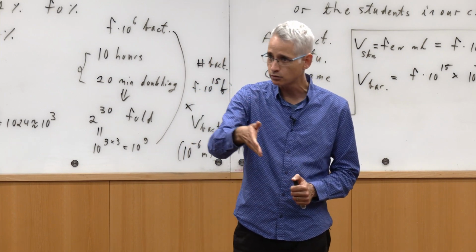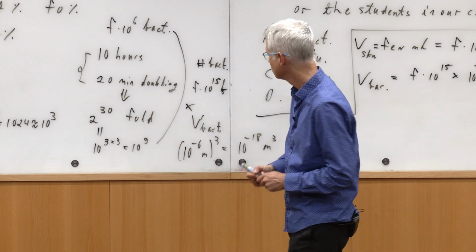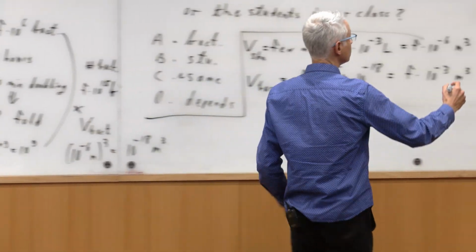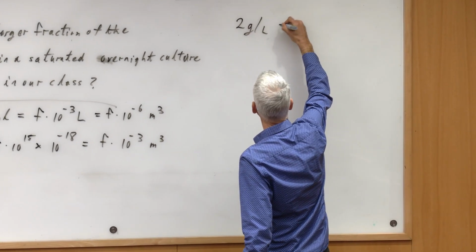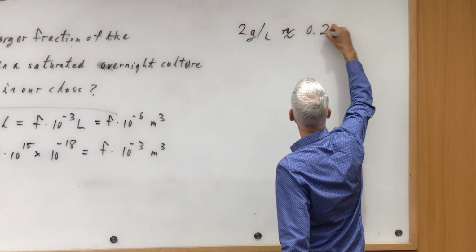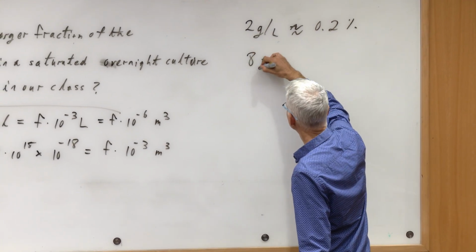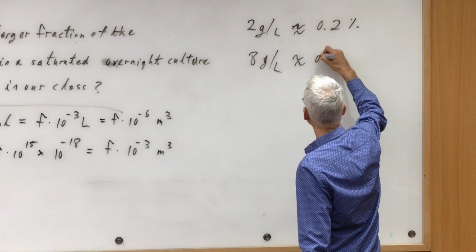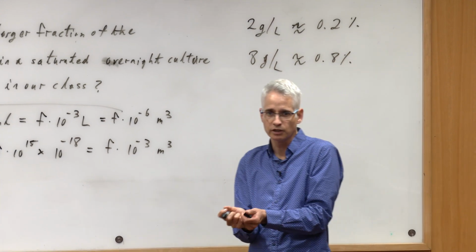Let's say you do it with 8 grams or 2 grams per liter. What does that mean? 2 grams per liter, that's 0.2%. Or 8 grams per liter, that's 0.8%. So that's what we're putting in, in terms of food.